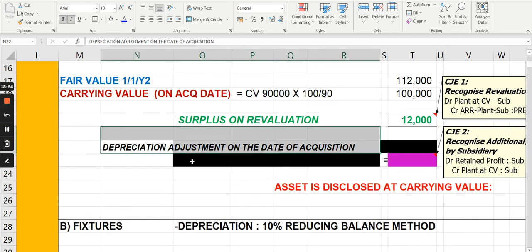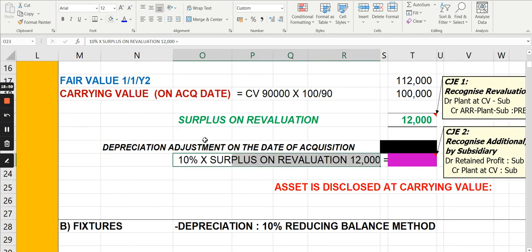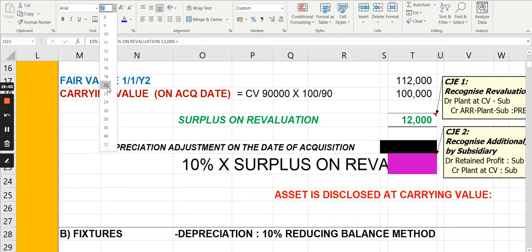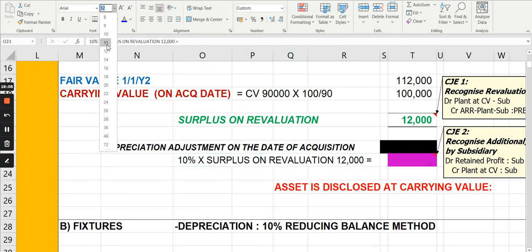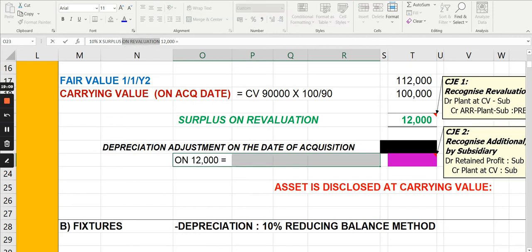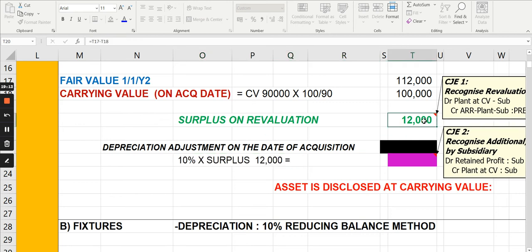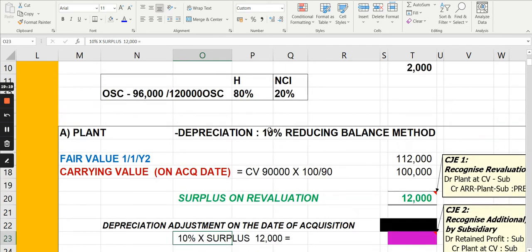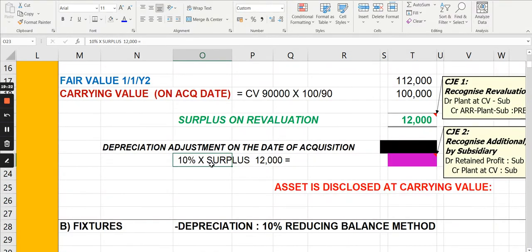Let us look at how we work out the case of reducing balance method. You take the surplus on revaluation, which is 12,000, and multiply by 10%, which is the rate, because this is reducing balance method.